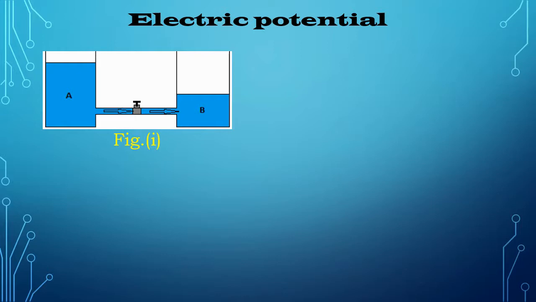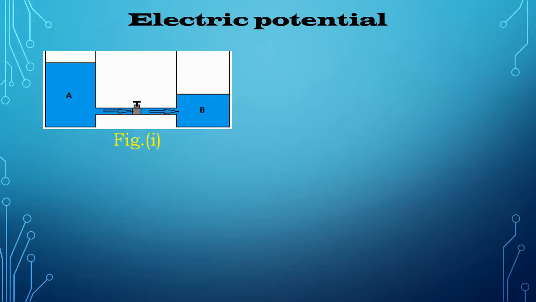Now as you can see, there is a difference in level of water in tank A and B. So what happens when the tap is open? Yes, when the tap is open, water starts flowing from tank A to tank B, that is, from a higher level to a lower level.